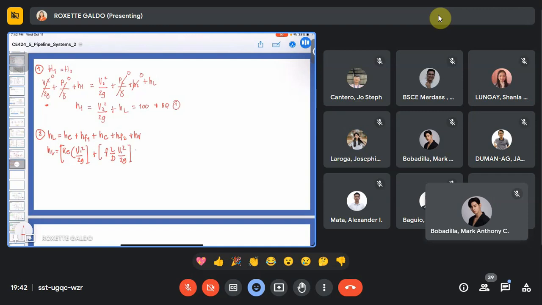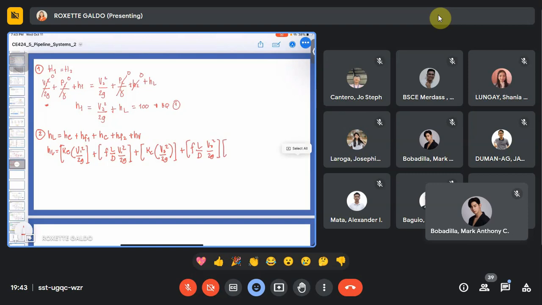The third head loss is HC, which is equal to KC V2 squared over 2g. Plus HF2, we have 1, 2, 3, 4. HF2 is F L over D, V2 squared over 2g.